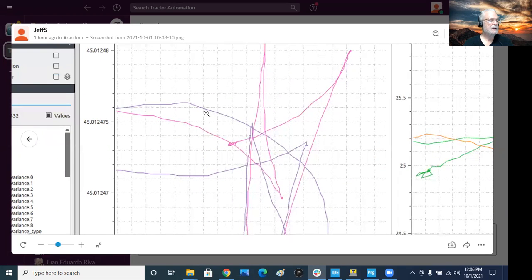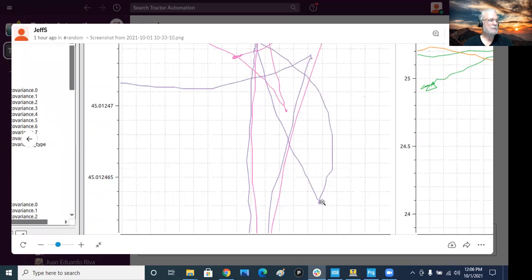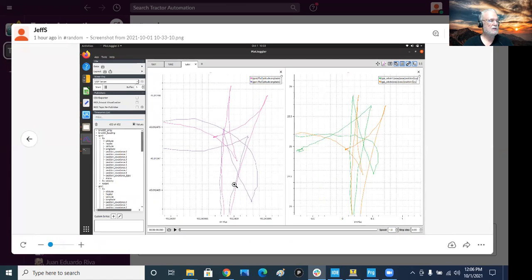The front antenna takes this path out here, the back antenna takes this path, and the back stops right there and the front stops right there. So this is the offset that the GPS is seeing by reading the GPS location.